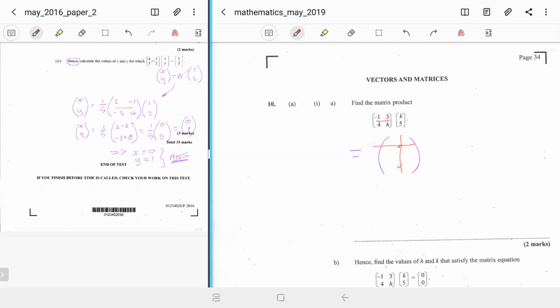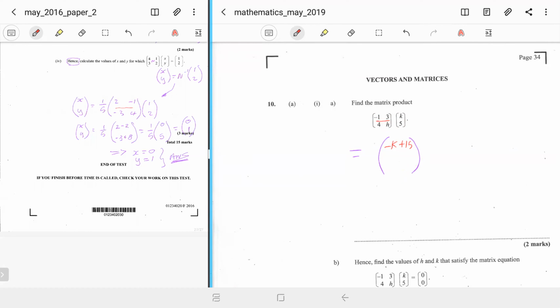Minus 1 times k is minus k, and 3 times 5 is 15. Done. And then the other value down here is the second row with the one column. So it's 4 times the k and the h times the 5.